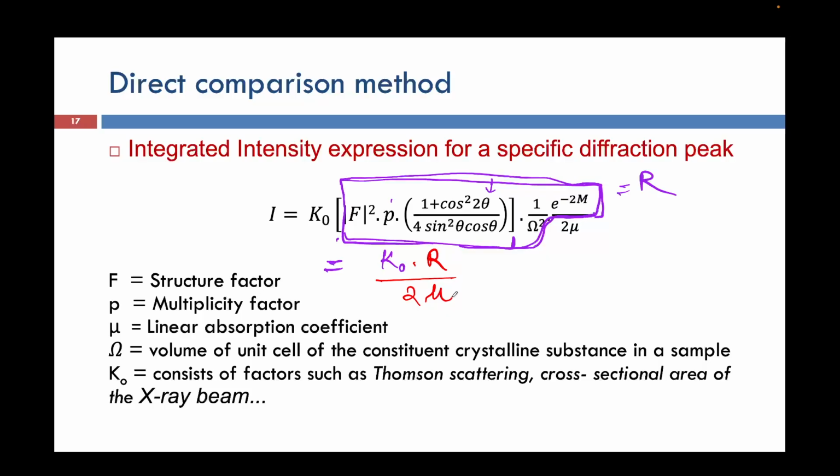Why have I written it like this? Because ultimately this k naught is a constant. That means Thomson scattering considers the cross-sectional area of the X-ray beam. It has nothing to do with the angular variation from which I am getting my information.